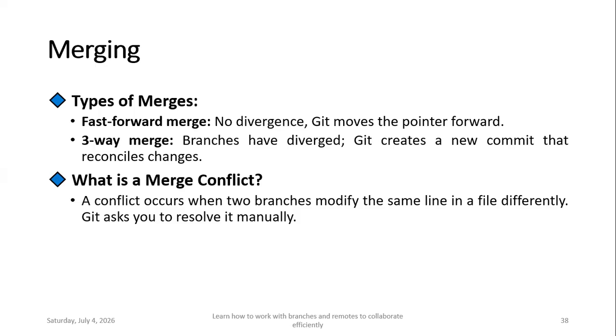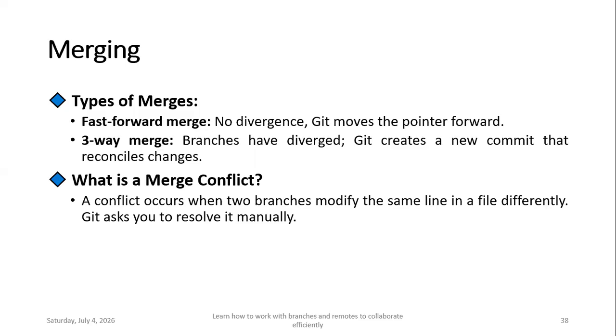That's all. But when you're talking about the three-way merge, these branches have diverged. So you'll find one branch has its own way and another branch has its own way. Now, when these two branches come together, you need to take the commits from this branch and the commits from this branch and bring them together and create a new commit.